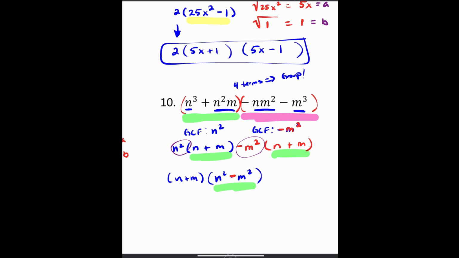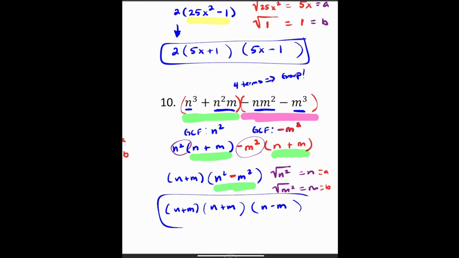So we'll take the square root of n squared, which is n, and the square root of m squared, which is m. Here's my a, here's my b. So our answer should be n plus m times the quantity of n plus m times the quantity of n minus m. And that is our answer.